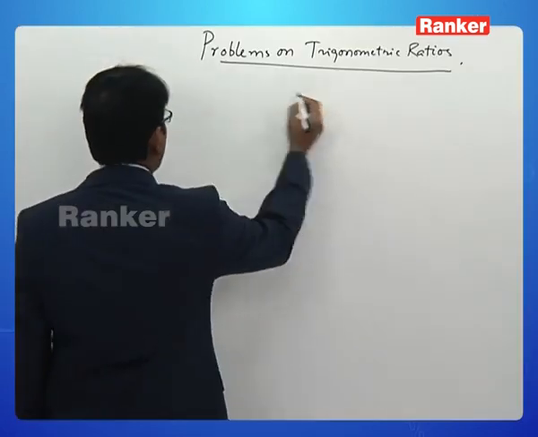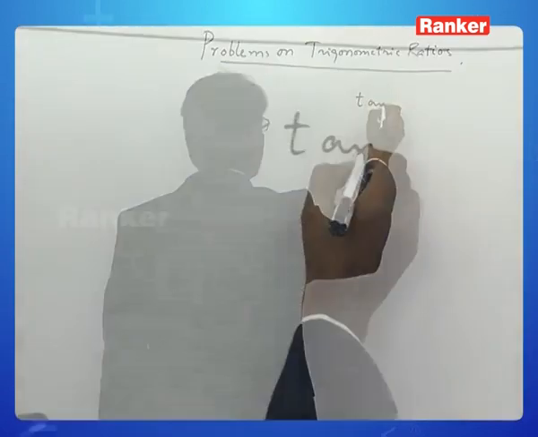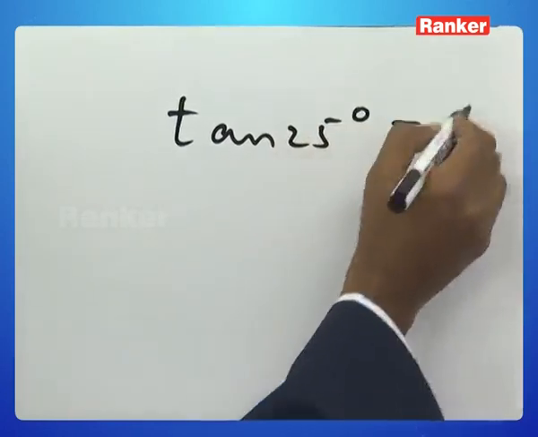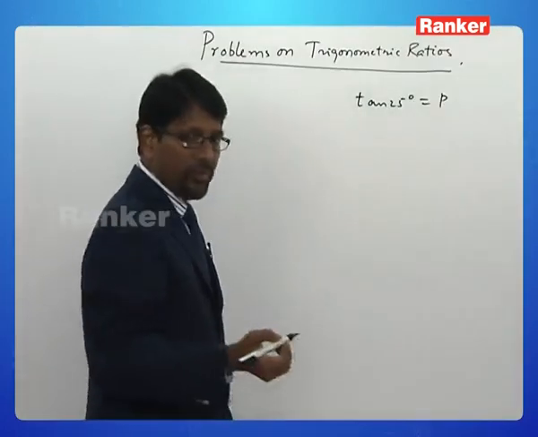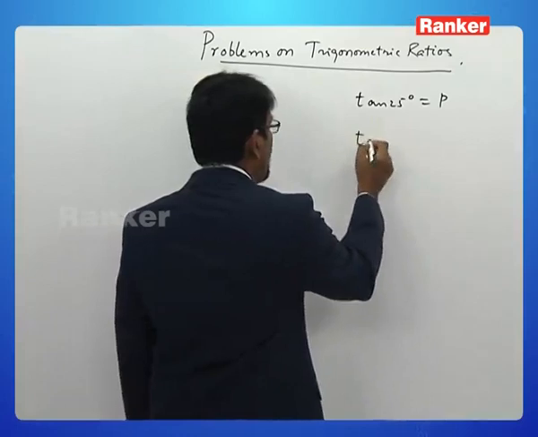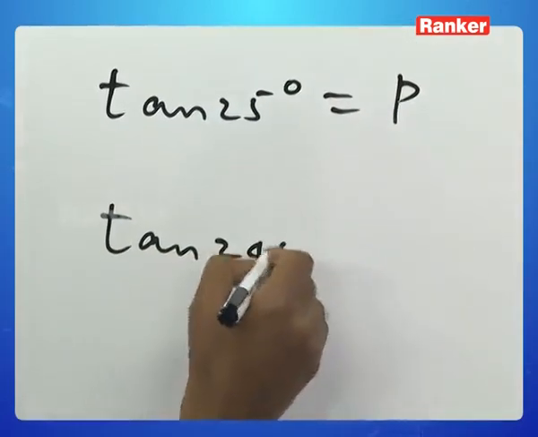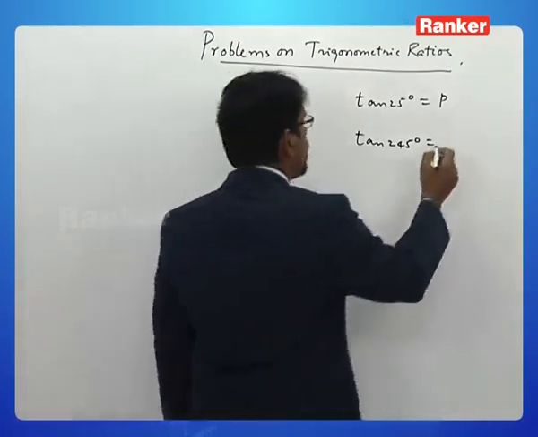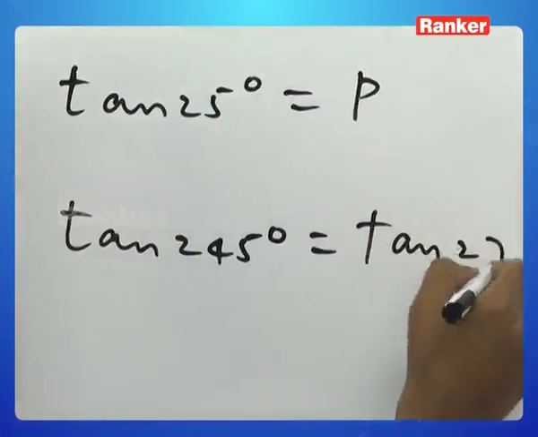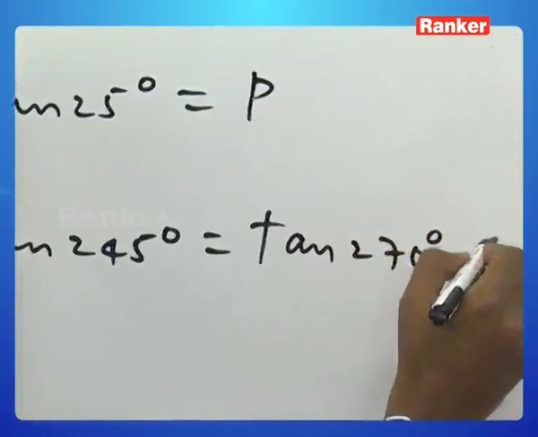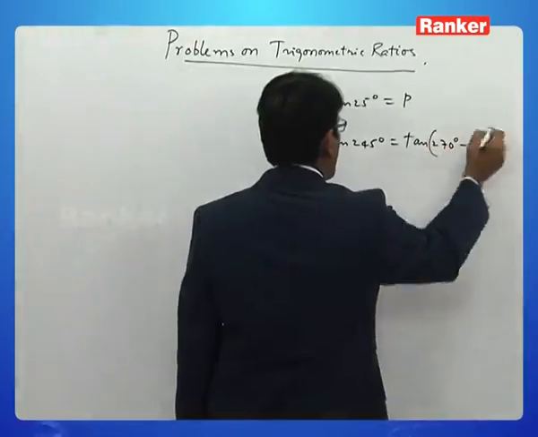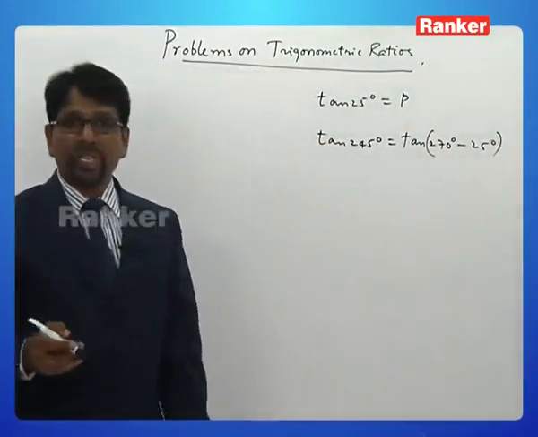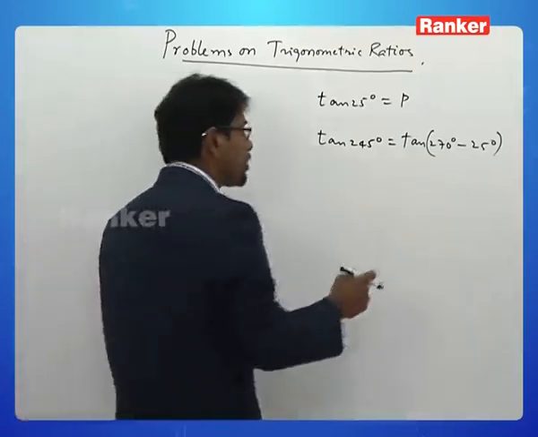We are given tan 25 is equal to P. Tan of 245, can we write it in terms of P? Yes. What is it? Tan(270 - 25).